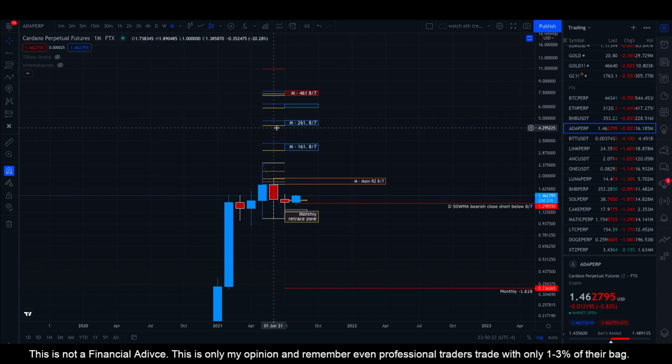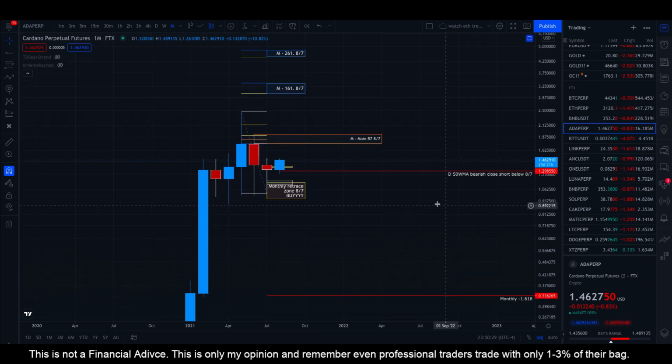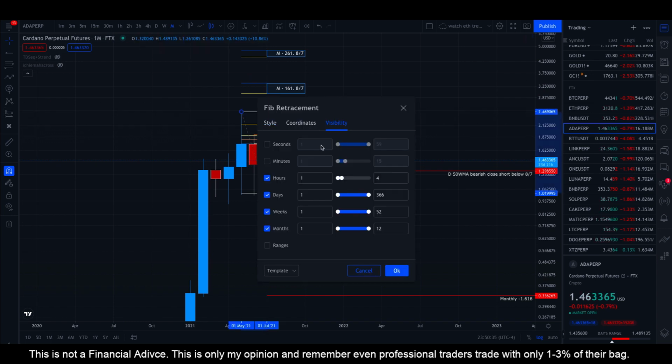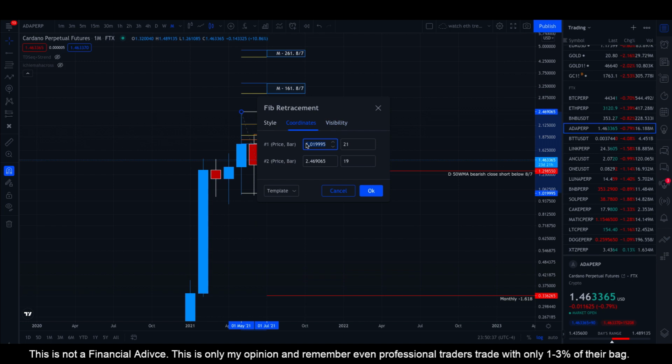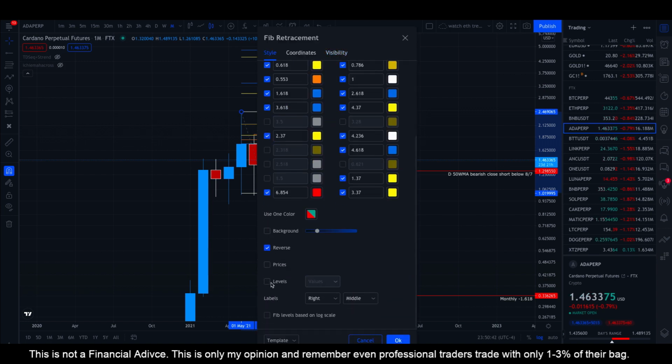This is my 2,618, 3,618. So typically the orange box would be my 618 level. So I'll go ahead and turn on the levels so you can see what I'm talking about.